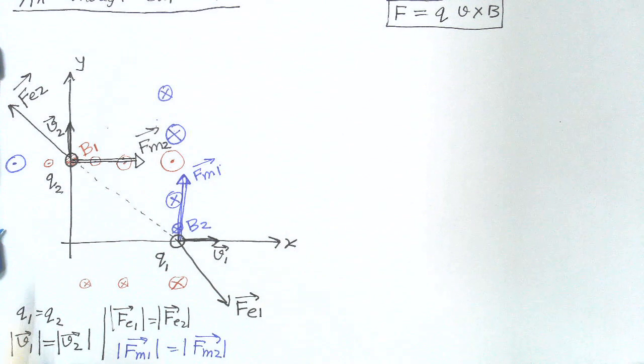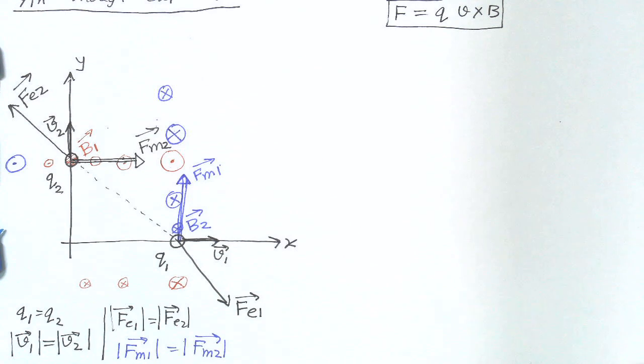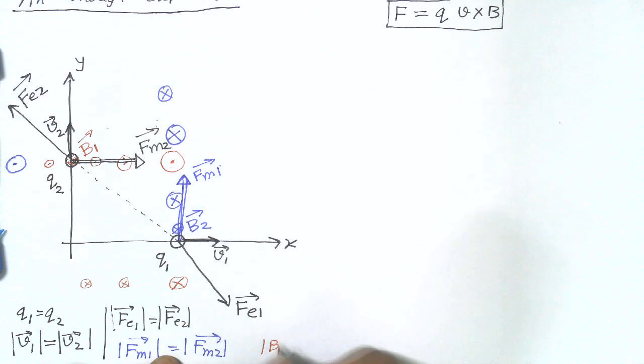Why? Because the magnitude of B1 will be the same as the magnitude of B2. This is B2, this is B1. I can easily say that the magnitude of B1 is the same as the magnitude of B2.